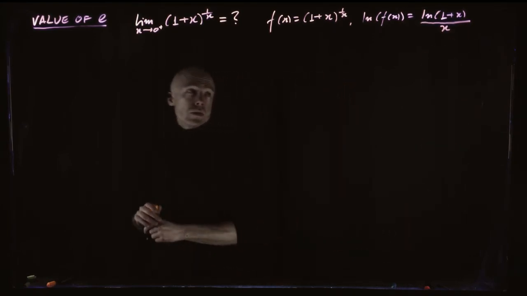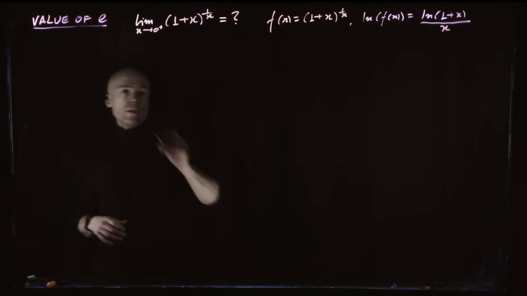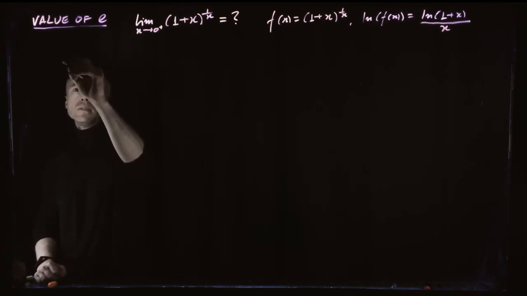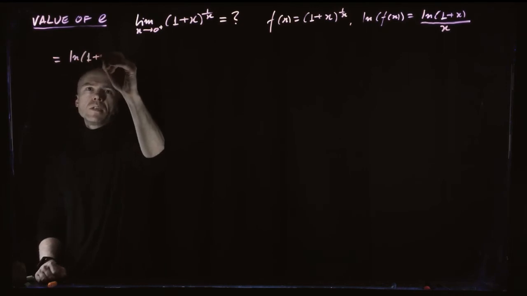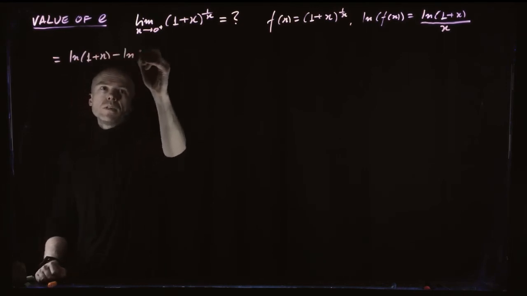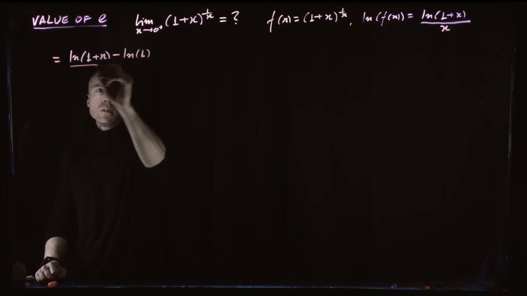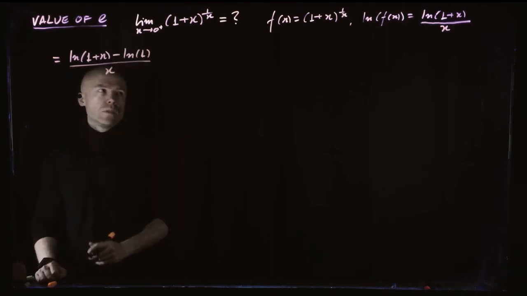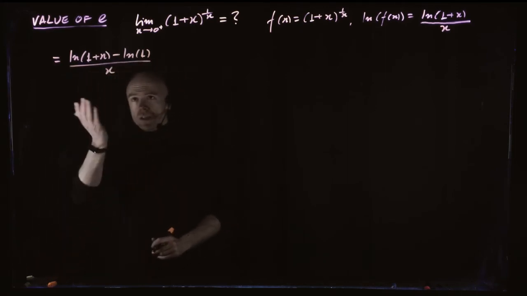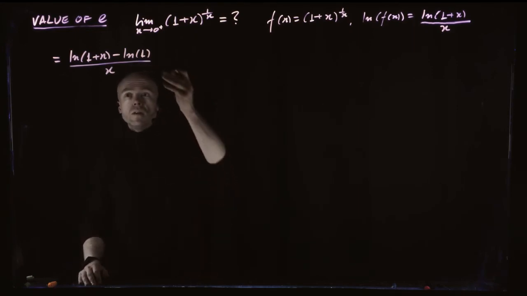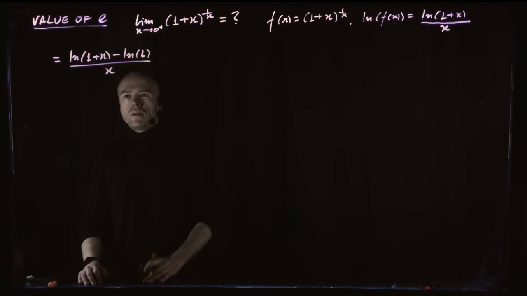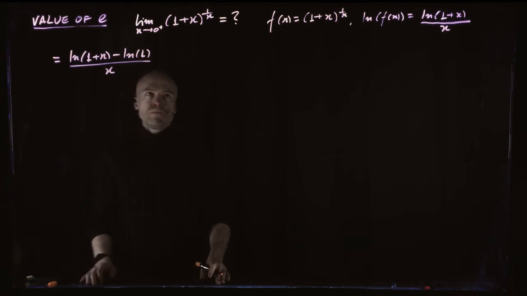And if we look at that, then what's that? That's the same as log of 1 plus x minus log of 1, because log of 1 is 0, over x. You know? And what's this? Well, this is just the derivative of log if we let x tend to 0 and take the limit. Yeah, it's the derivative of log at actually 1. Yeah?